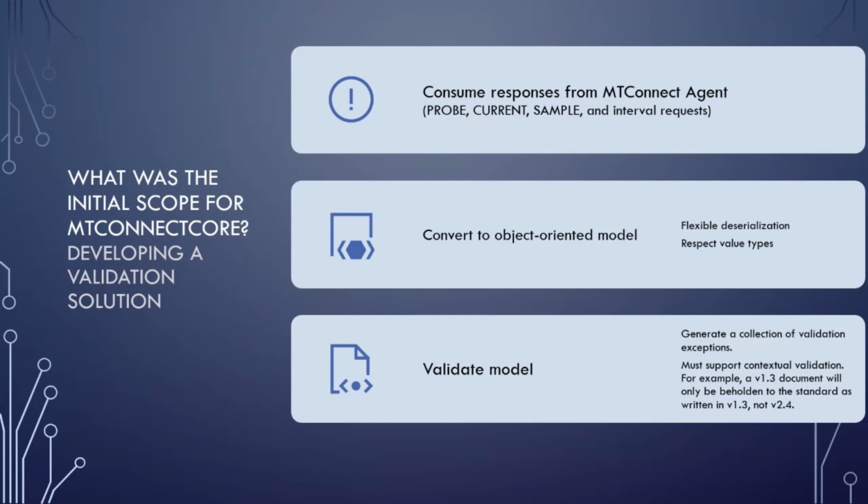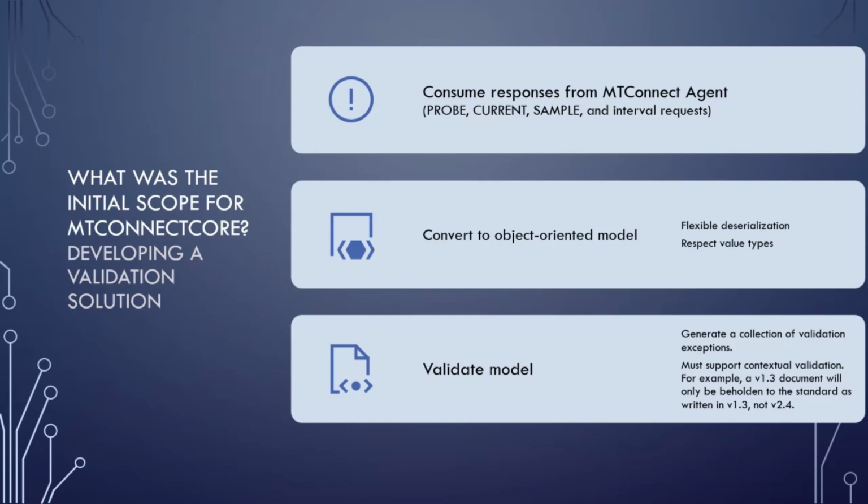And then once we had that model defined, we wanted to be able to lay validation methods on top of that, being able to check a lot of the constraints that are defined in the standard, such as the controlled vocabulary. Now, specifically with validation, as a minor point, we wanted to support what we call contextual validation, which is the idea that if you have a 1.3 version implementation of the MTConnect standard, then it's not really appropriate to apply the rules and constraints defined in the current version, 2.4, to that implementation.